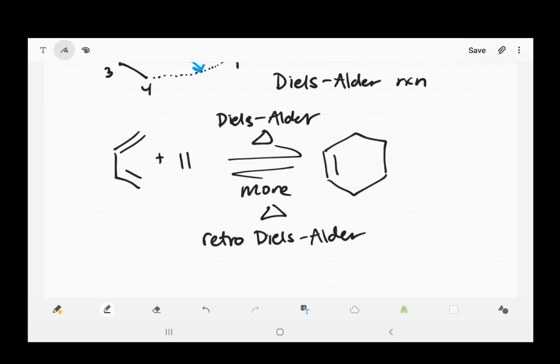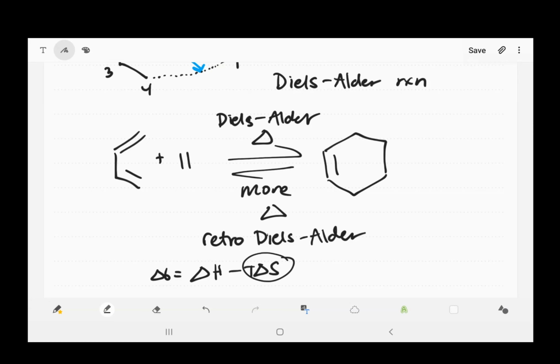The reason, again, if we really want to go into it, is the entropy idea. Our best friend again. I don't want to go crazy on this, but suffice it to say, the reason that you'll go back with more heat is because of this. We're going to end up favoring going backwards with more heat. Just like before, this is an exothermic reaction, so same idea. The more heat you give it, the more likely you are to do a retro Diels-Alder.